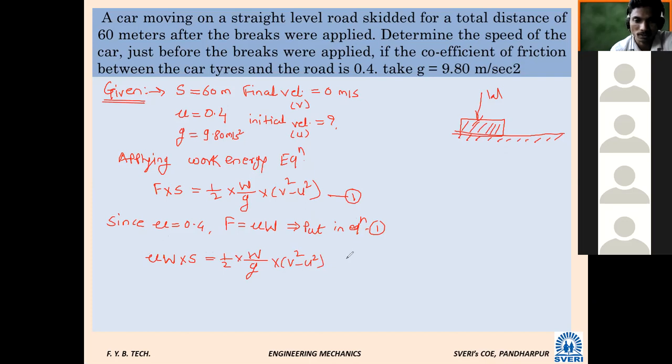Therefore the value of mu is 0.4, so 0.4 into W into 60 is equal to 1/2 into W. Both sides have W, so it cancels. And what about V square minus U square? The final velocity is 0, so 0 square minus U square. From this, is it possible to calculate the initial velocity which we require?